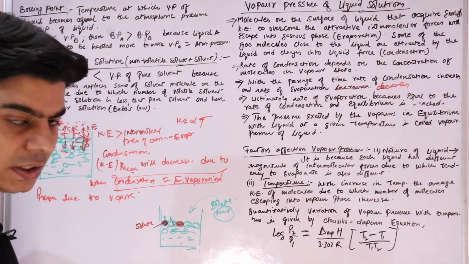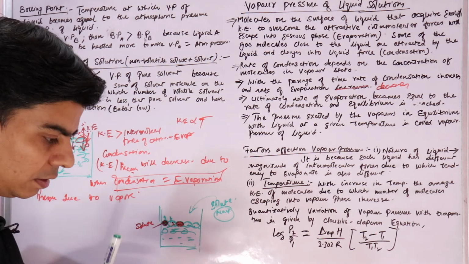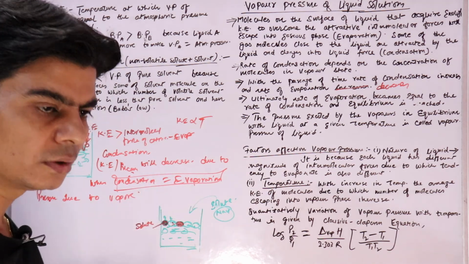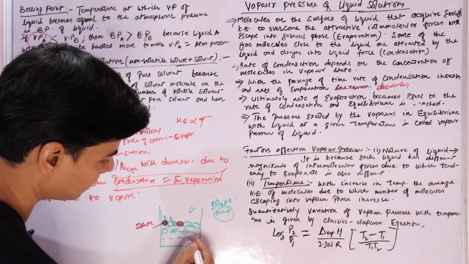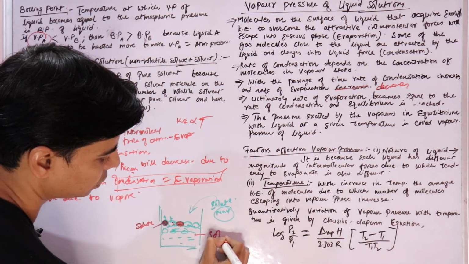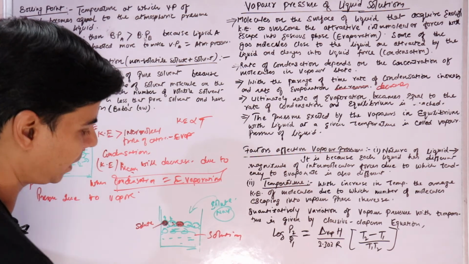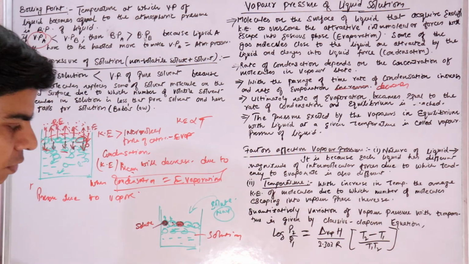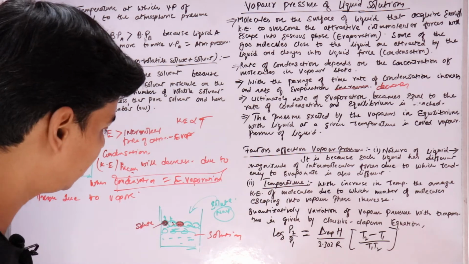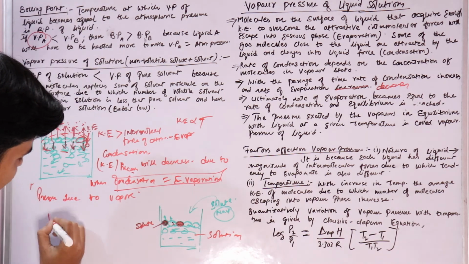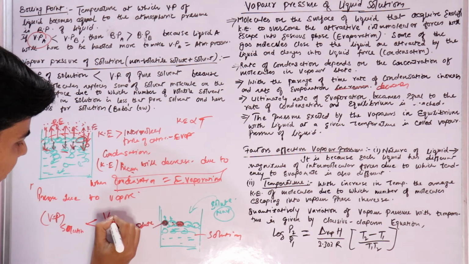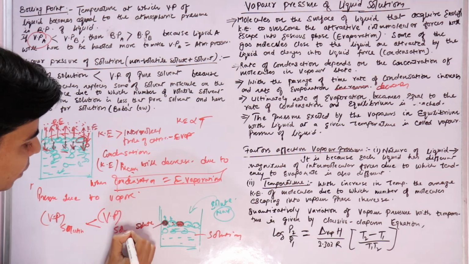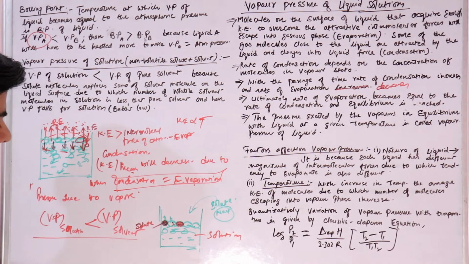Since they have replaced liquid molecules, we have fewer liquid molecules that can go into the vapor state and form vapor pressure, right? So in this case, this is a solution, right? We have fewer liquid molecules. Fewer liquid molecules means less vapor pressure. So we say the vapor pressure of solution is less than that of pure solvent, right?